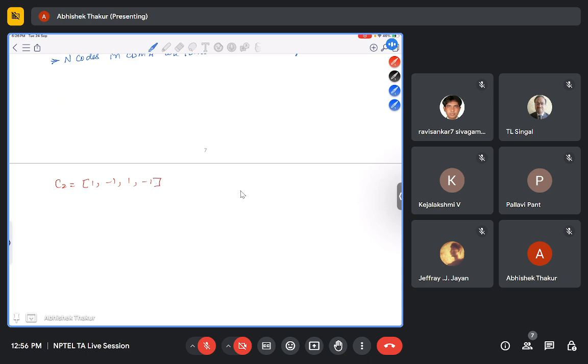So this is just a random sequence of plus or minus 1, or it can also be termed a pseudo noise sequence.